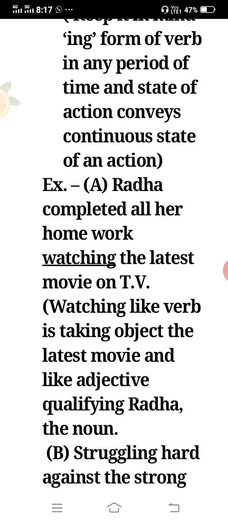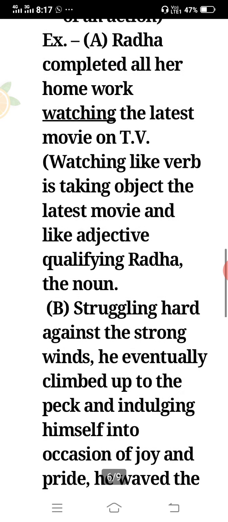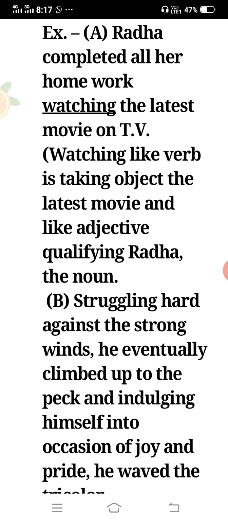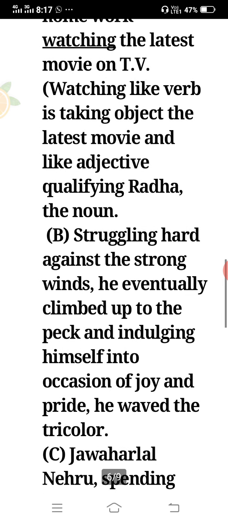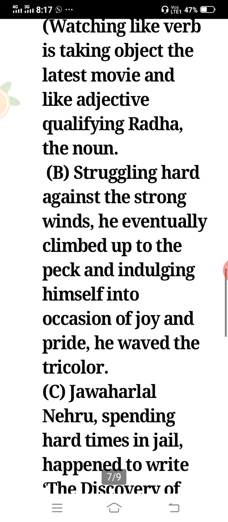Struggling hard against the strong winds, he eventually climbed up to the peak, and indulging himself into an ocean of joy and pride, he waved the tricolor. See, there are two participles.